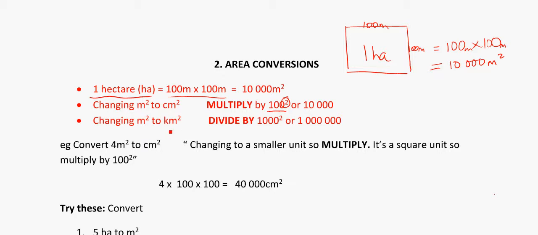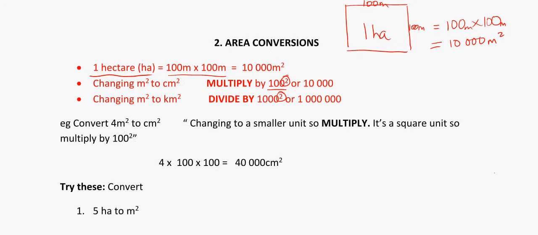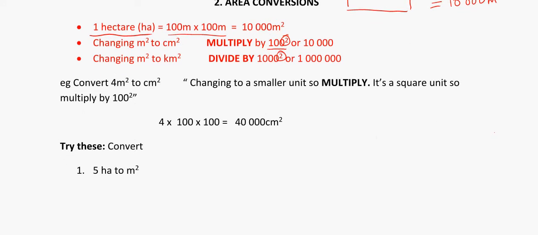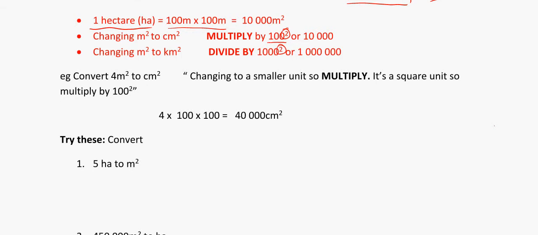If you're changing to a larger unit, you divide, and how many metres in a kilometre, there's 1,000, so you have to divide by 1,000 squared. Now, if you've got the opportunity to change the units before you do the calculation, it's a lot easier than trying to convert at the end. But anyway, we need to learn that anyway, so here we go.